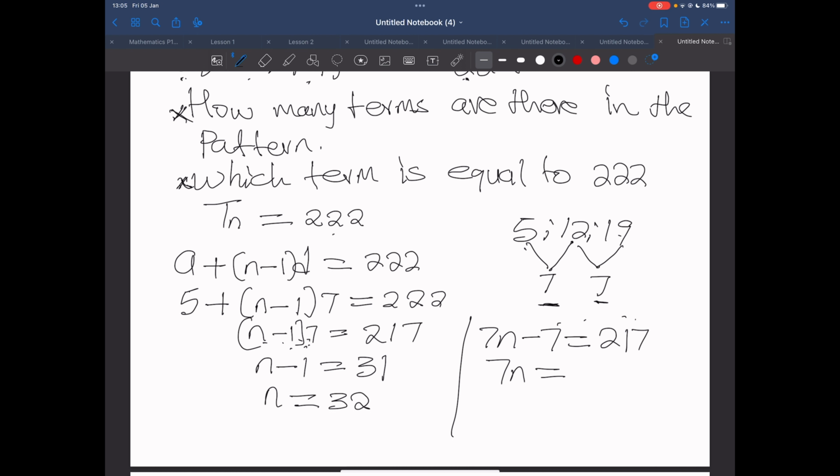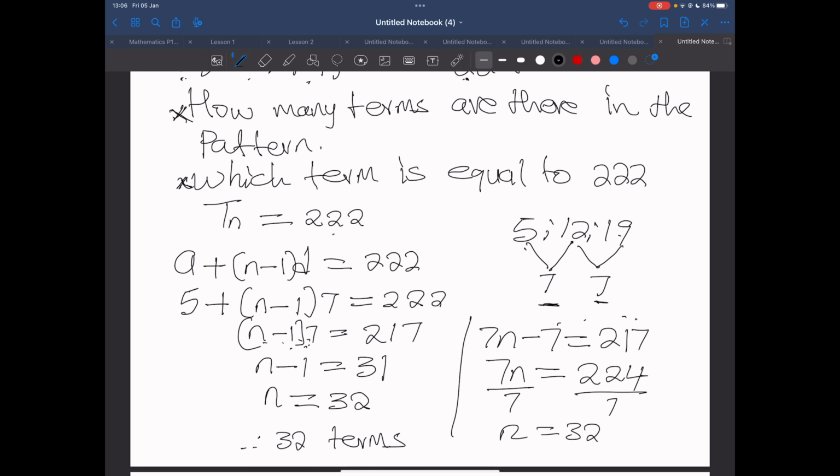When it goes that side, it will be plus, so it will be 224. Now you can divide both sides and you get n to be 32. So in other words, there are 32 terms in this number pattern.